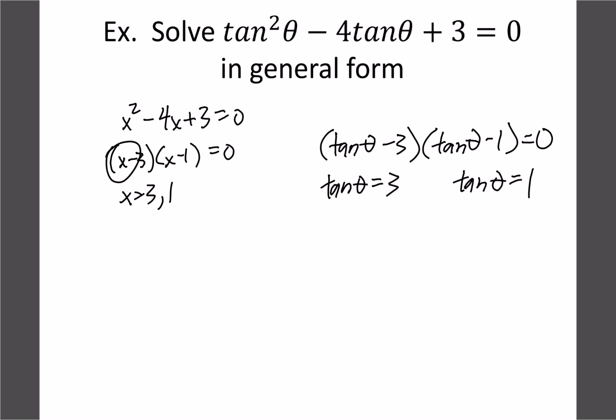So in this case, on your calculator, we want to go second tan of 3. Let's solve that one first. And that gives us 71.6 degrees if we round it off. And if we go second tan of 1, that should give us 45 degrees. We know that one is exact.